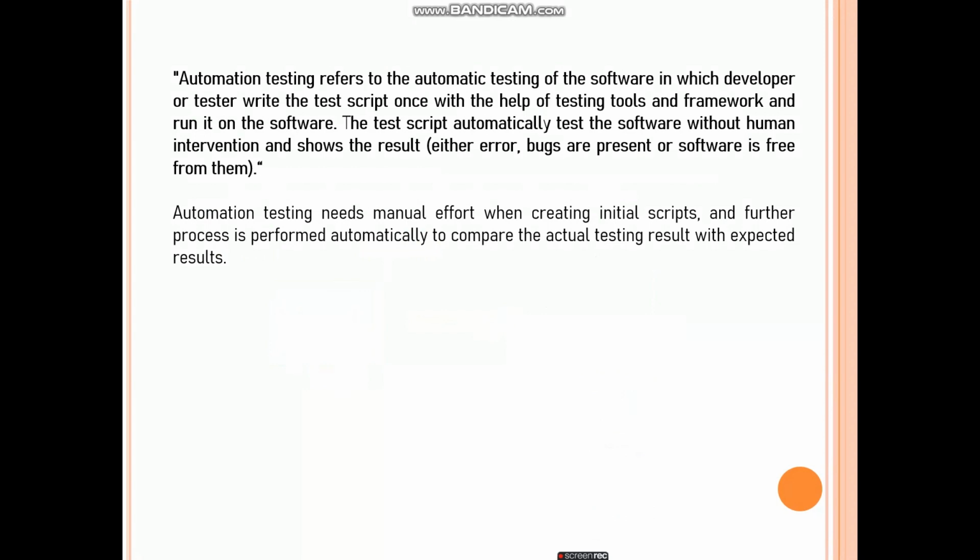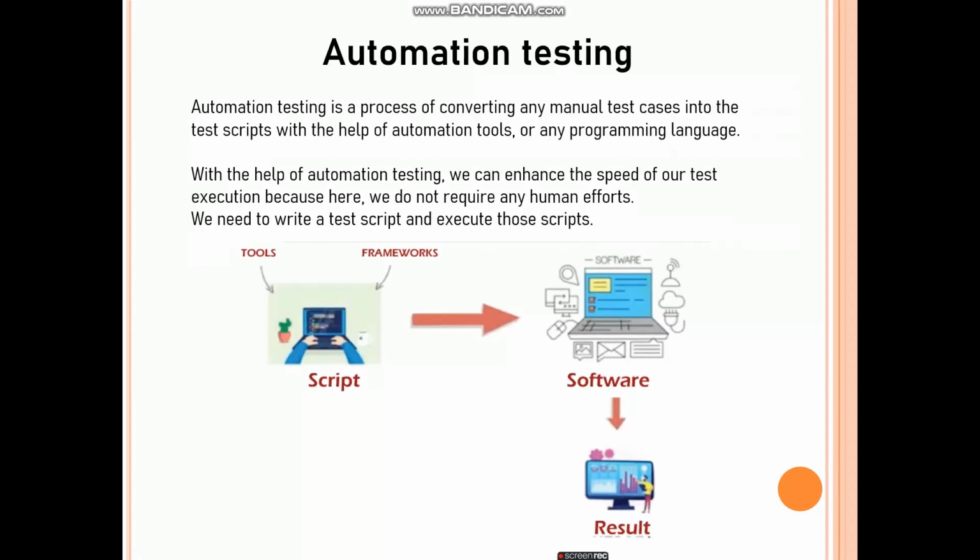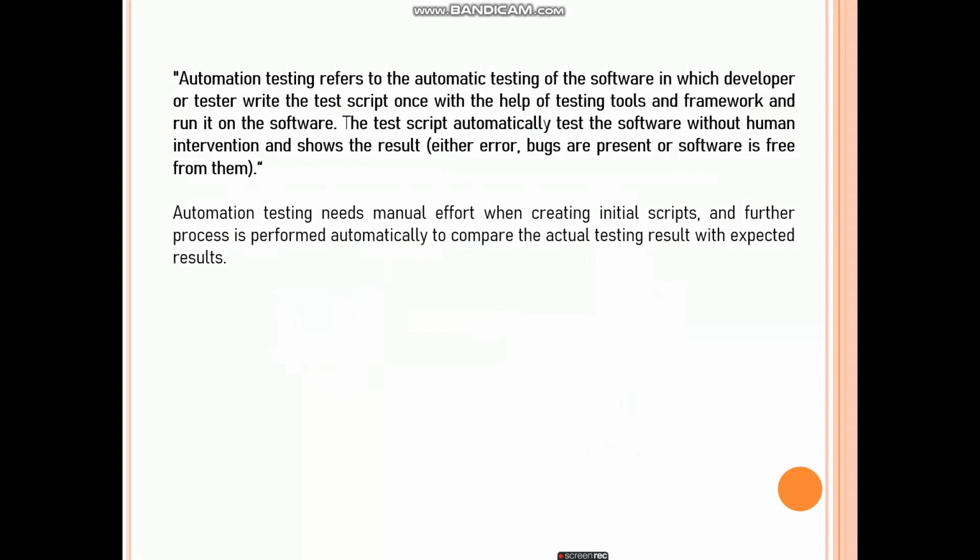Okay, so that is the explanation of the previous figure. Automation testing needs manual effort when creating the initial script, and the further process is performed automatically to compare the actual testing result with the expected result.